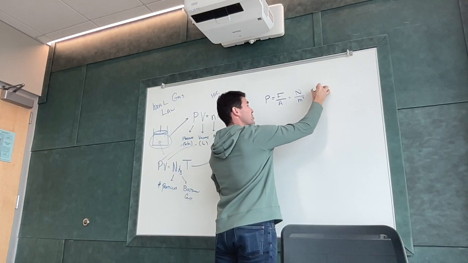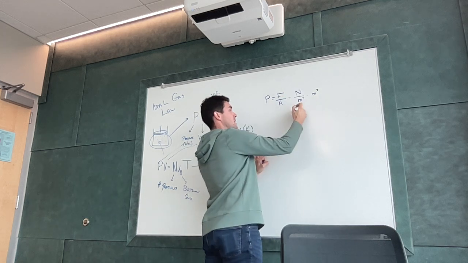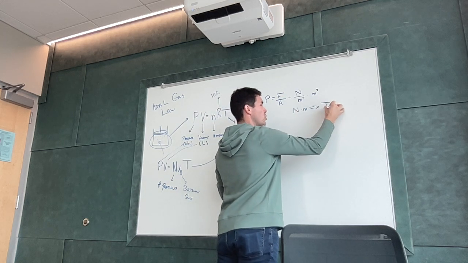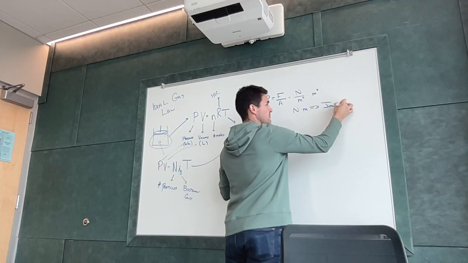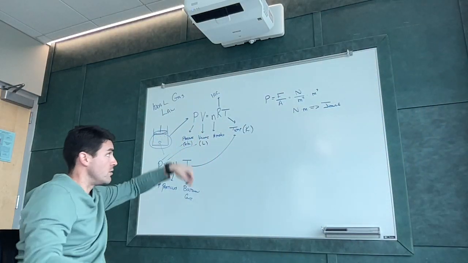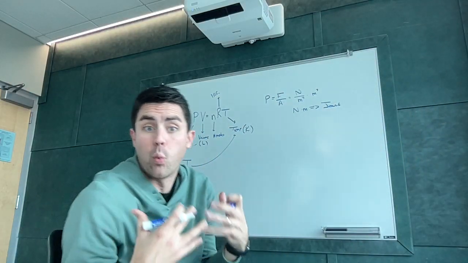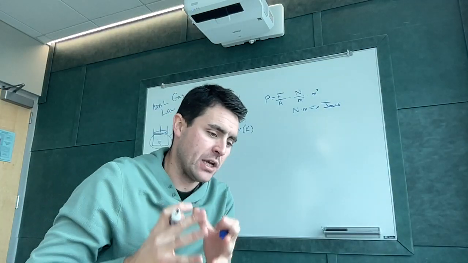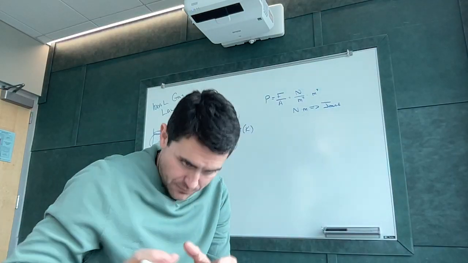Volume is meters cubed. And when I look at this, I end up with newtons times meters, which is also equal to a joule, which is just energy. So pressure times volume tells me how much work a gas sample can do based on its change in pressure and volume.